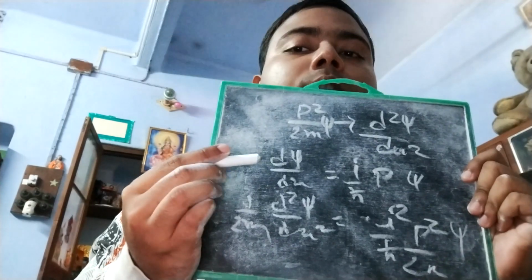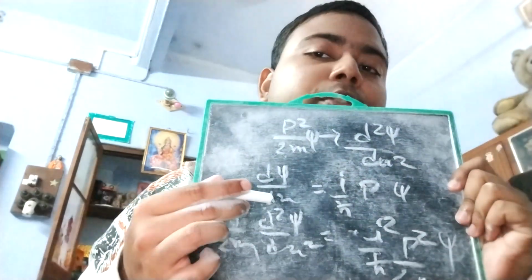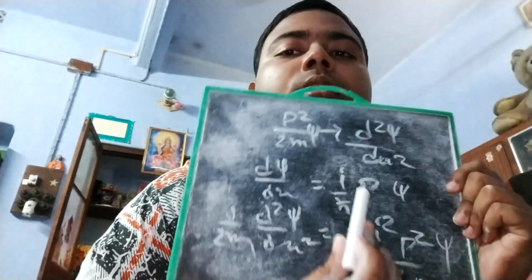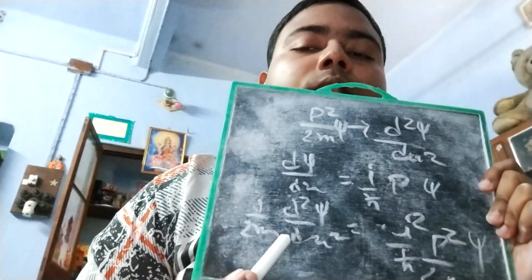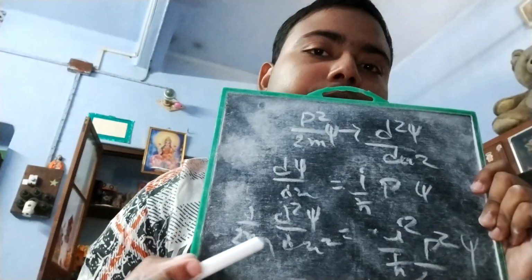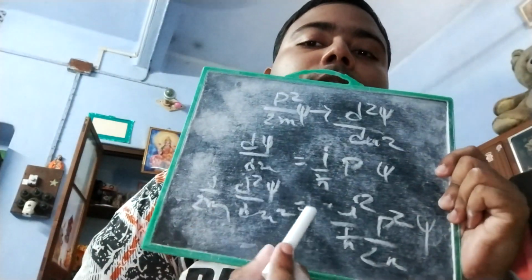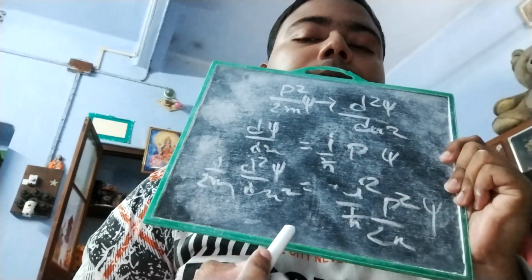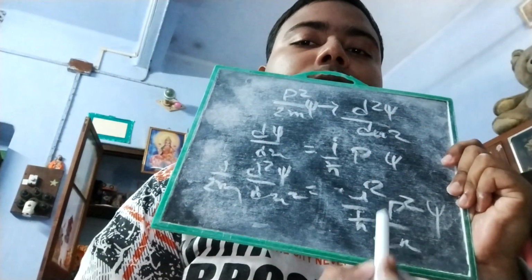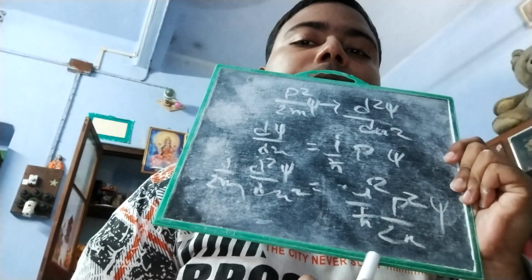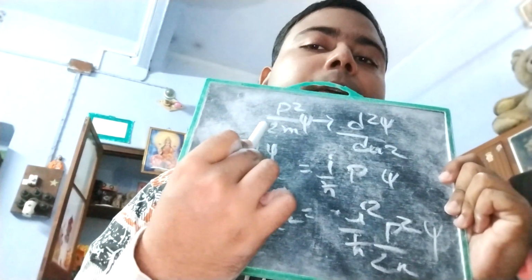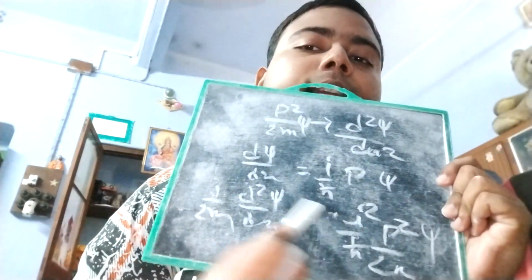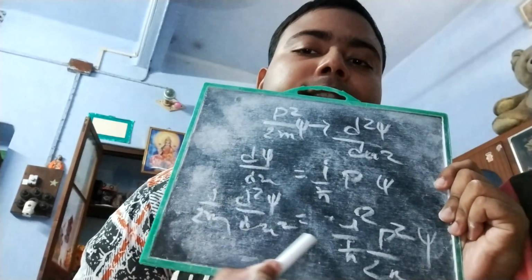So we can see we just differentiated the wave function with respect to position of the particle, and we got i by h cut p psi, and then again we differentiated the same with respect to position, and we get i square by h cut square p square psi, and we divided by 2m on both sides to get the p square by 2m. So we can see quite a relevance here, p square by 2m psi.